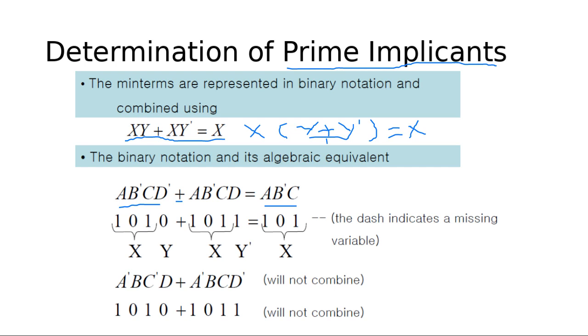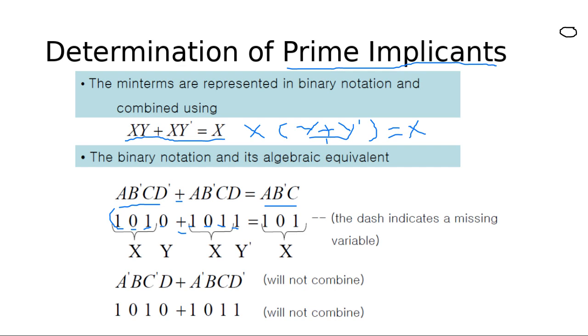When we consider this expression, there's a 1, 0, 1, 0. Zero means not, one means exactly the same. Or 1, 0, 1, 1.